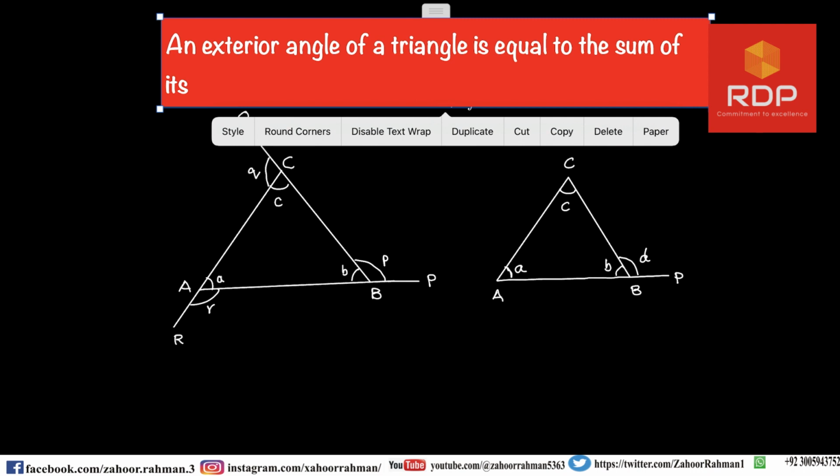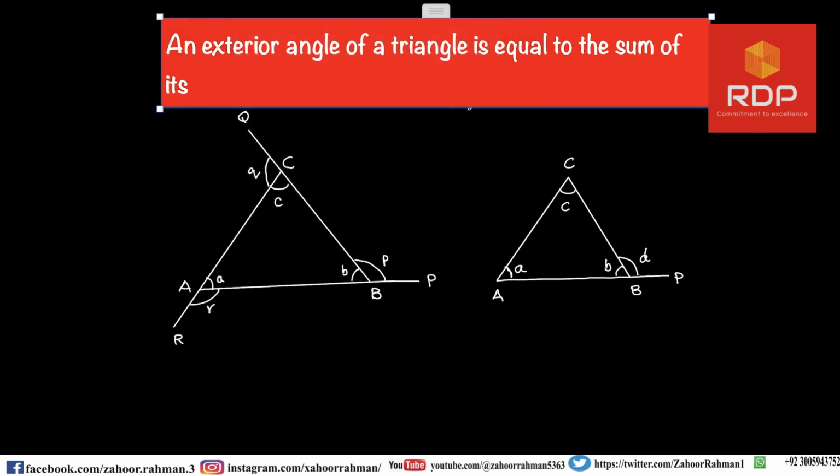Here I have to write interior angle. So interior angles are explained already. So this ABC are interior angles and this P is the exterior angle.